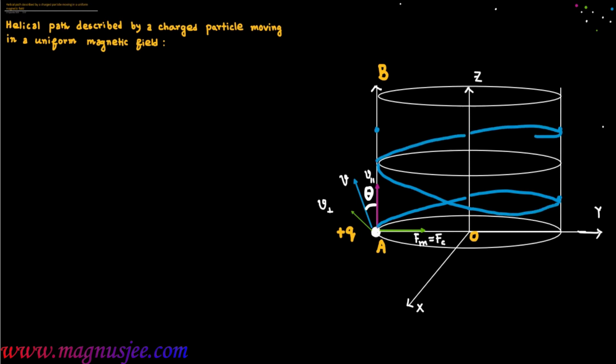As a result, the charged particle will describe this type of helical path about the Z axis, parallel to the direction of the magnetic field.